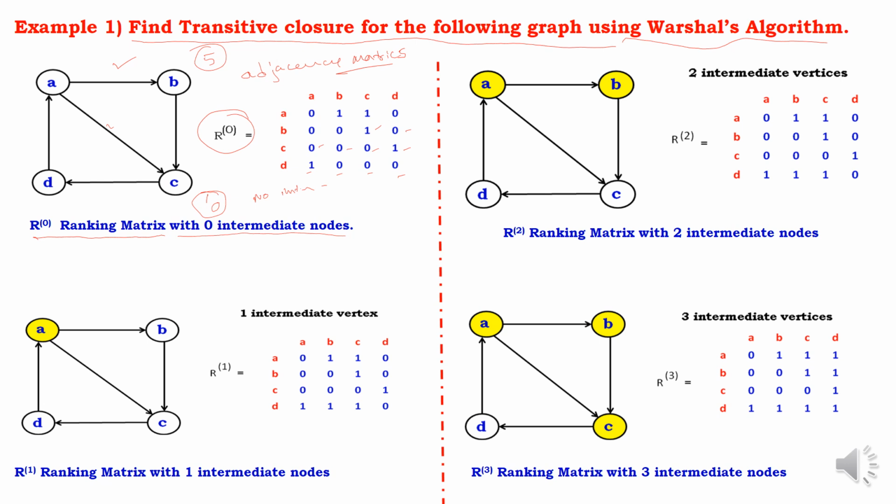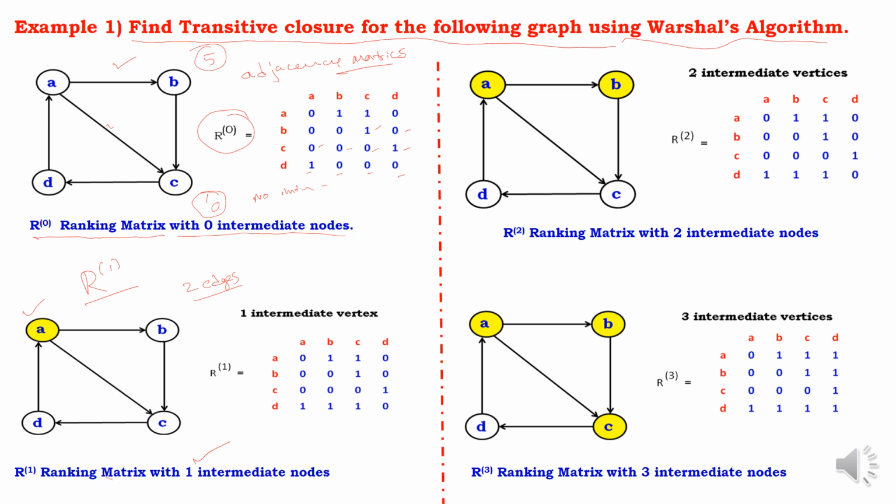Now we are going to find R1, the ranking matrix with one intermediate vertex. Assume that A is the intermediate vertex. R1, ranking matrix 1, has one intermediate node, where we use A as the intermediate node. So here we assume that with an intermediate node A, the path length contains two edges.